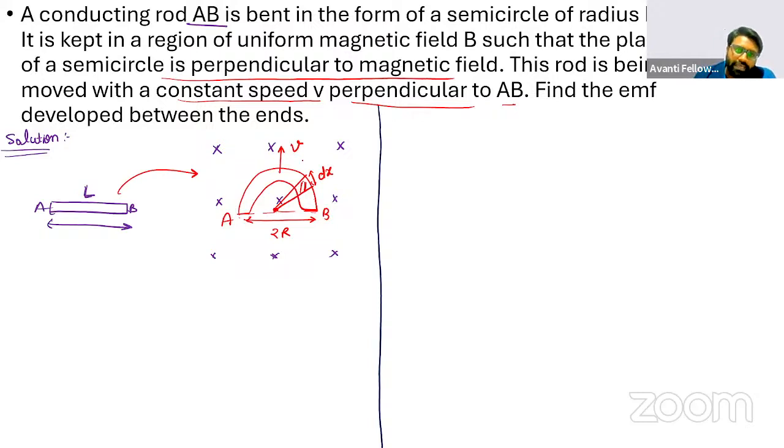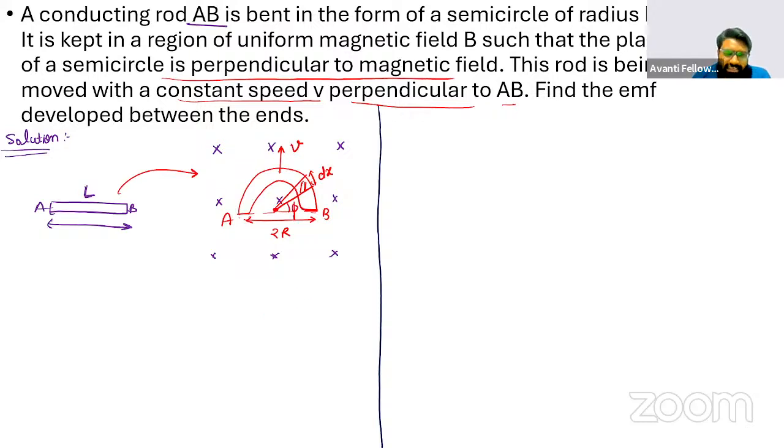So we have considered a very small section of length dx, got it, and this radius is r, and let's say this angle is phi here, okay.